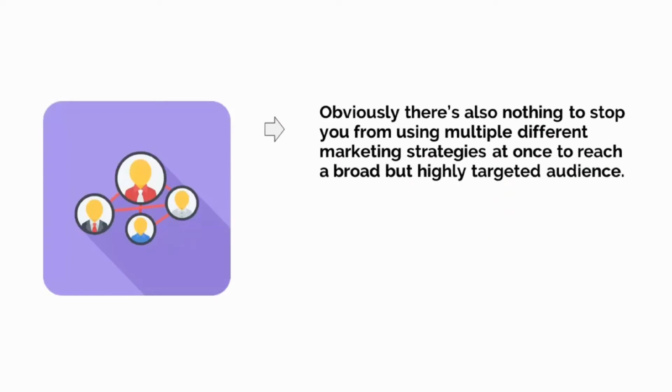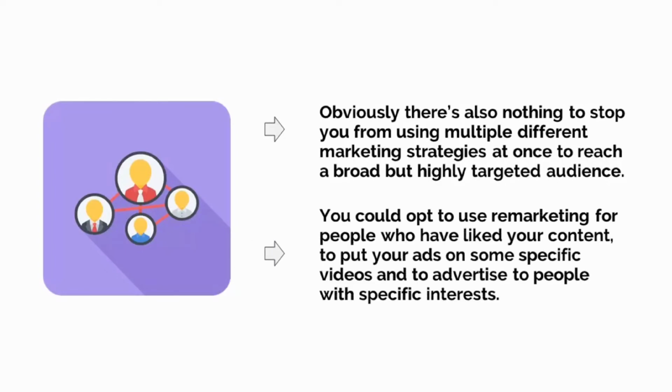Obviously, there's also nothing to stop you from using multiple different marketing strategies at once to reach a broad but highly targeted audience. For example, you could opt to use remarketing for people who have liked your content, to put your ads on some specific videos, and to advertise to people with specific interests.